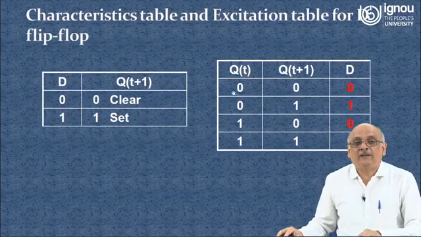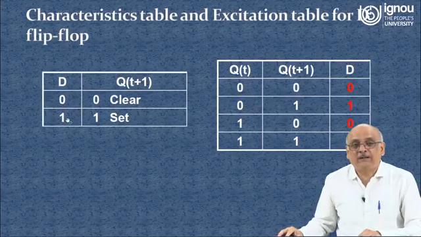Now the excitation table for this is very, very simple. This is the characteristic table, and this is the excitation table. If I see Qt to Qt plus 1, the value goes from 0 to 0, so the D input has to be 0. If the state goes from 0 to 1, then obviously it has to be a set input, so the value of D applied will be 1.